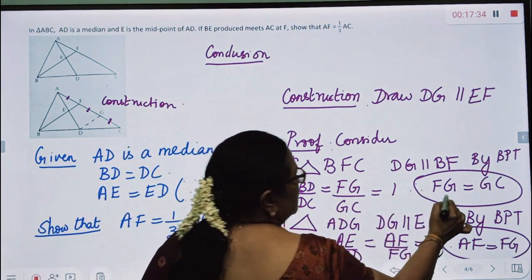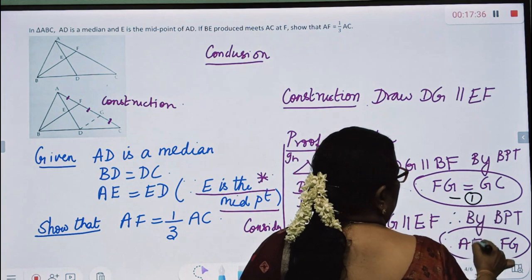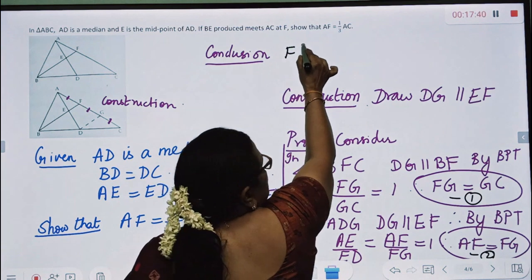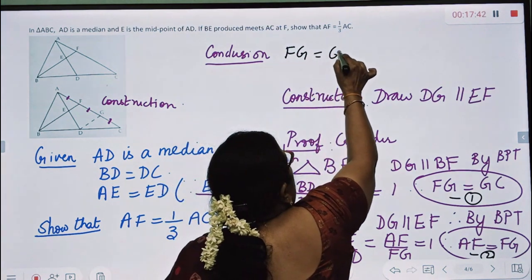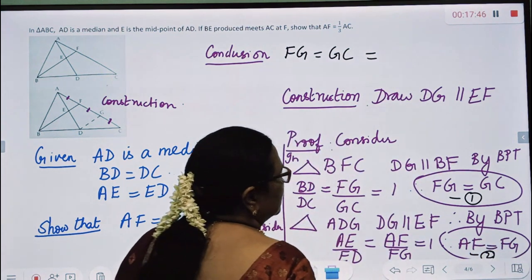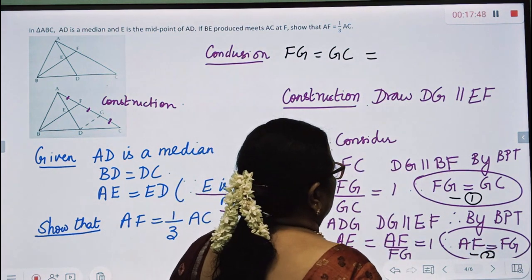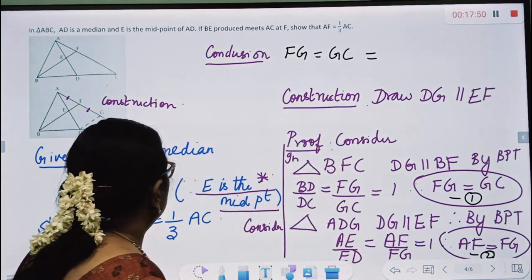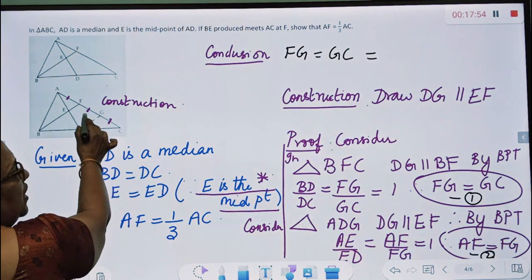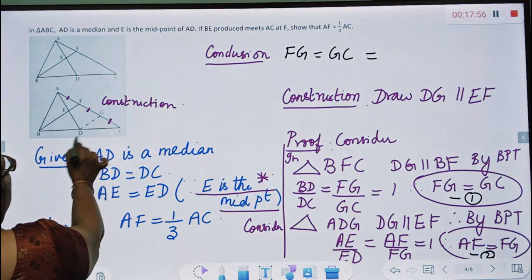What do you have? This is 1 and this is 2. FG equal to GC is 1. Therefore, AF equal to FG. AF is equal to FG and FG is equal to GC.